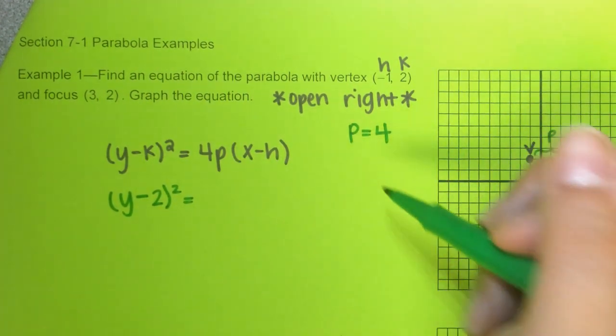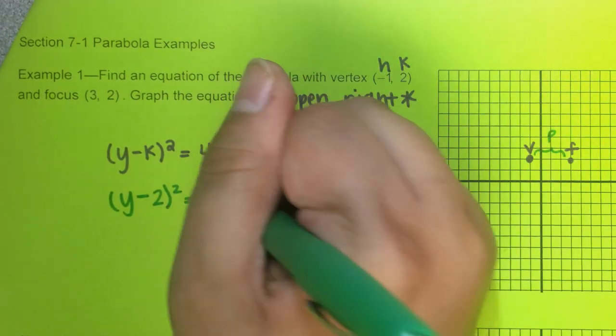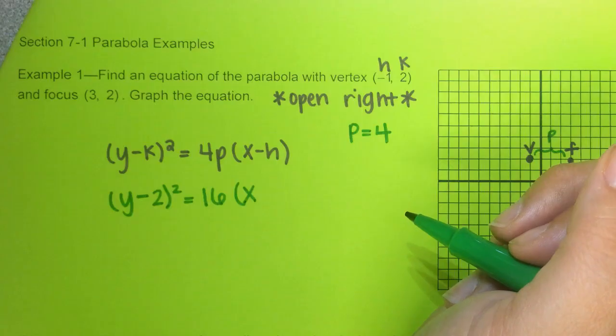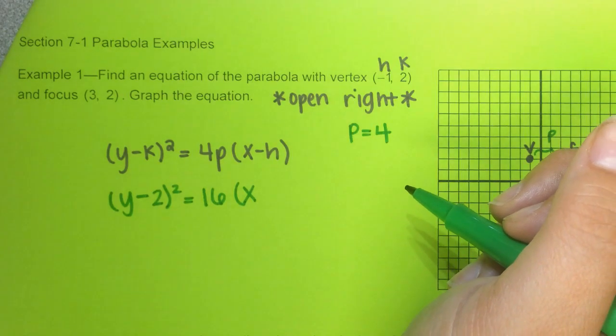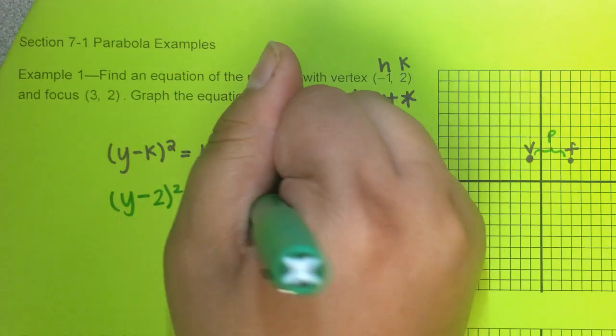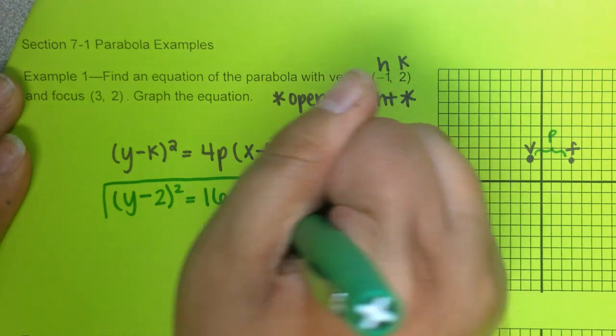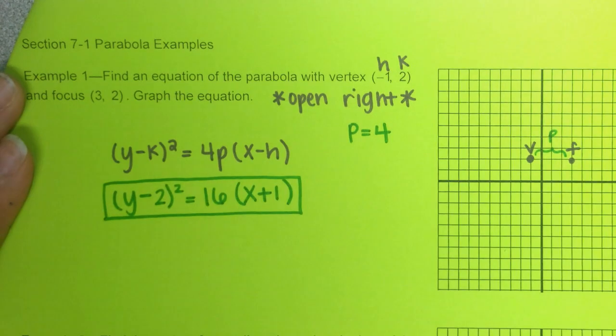So what's 4 times 4? 16. X minus h. What's my h? So what's x minus -1? This is your equation. Does that make sense?